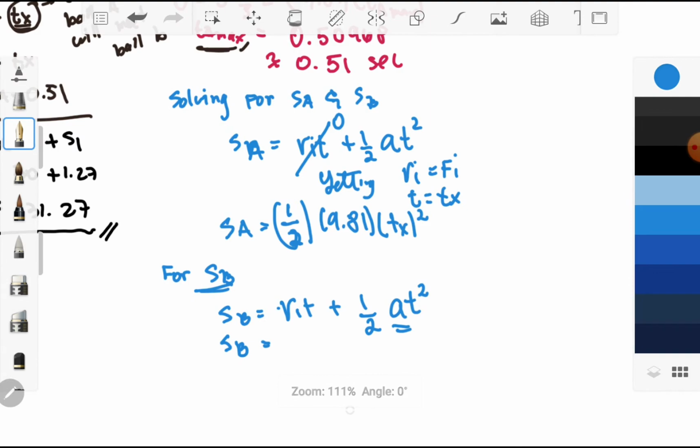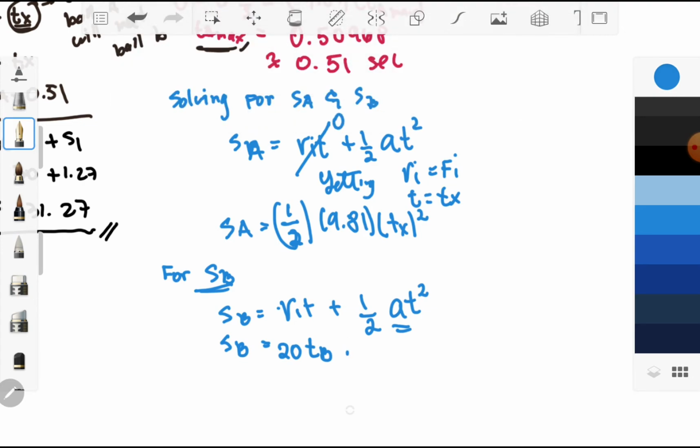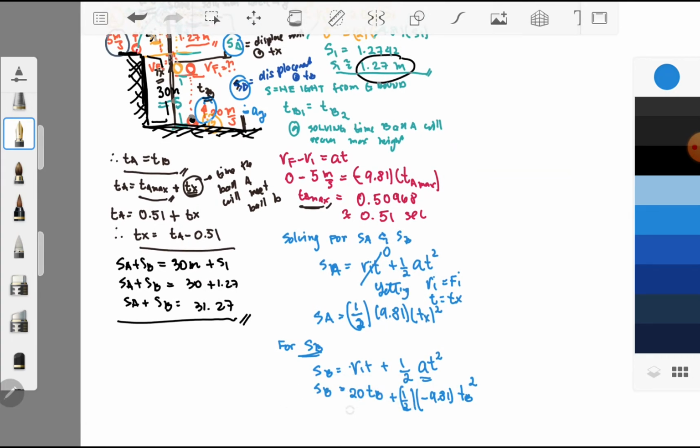So 20 multiplied by our TB, okay? Plus 1/2 multiplied by negative 9.81 TB squared. So tama ba? TB squared. Okay.